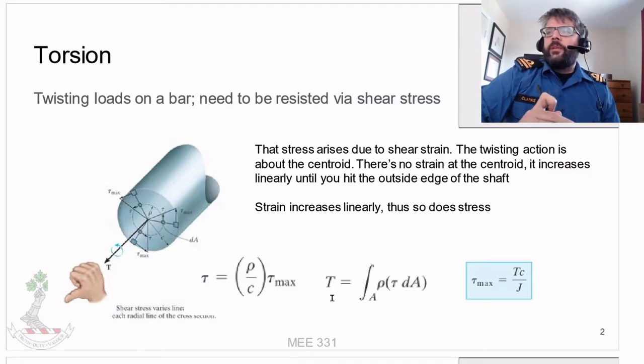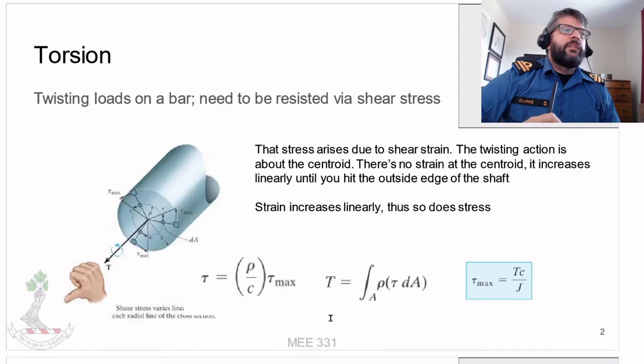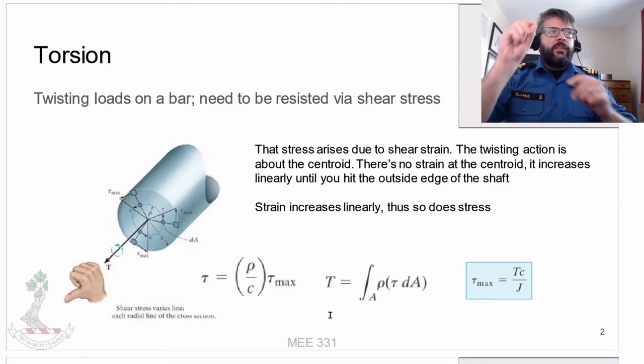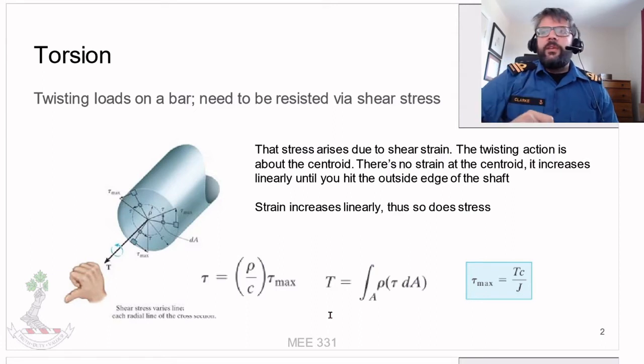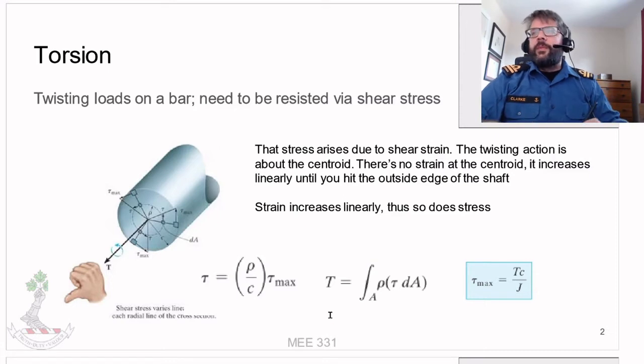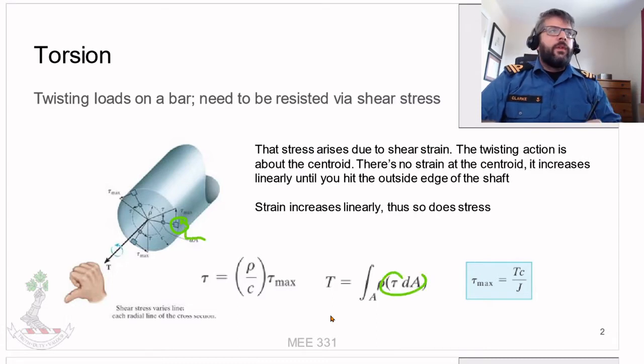So if we want to calculate the torque that would arise, each tiny area element has its own little bit of torque. The magnitude of the force on each individual element is just the area of that element times the stress, and then the moment arm is just the distance there.